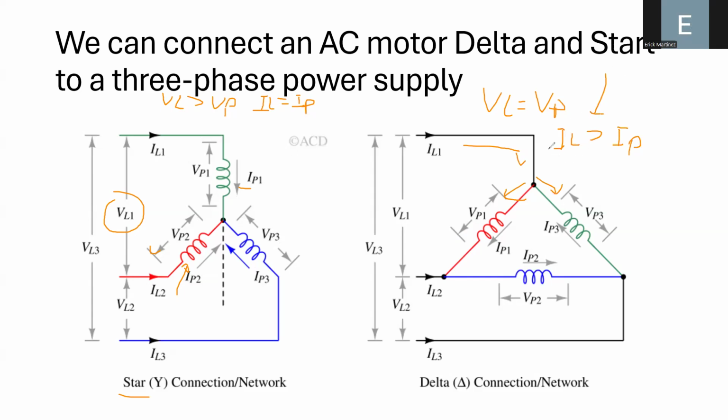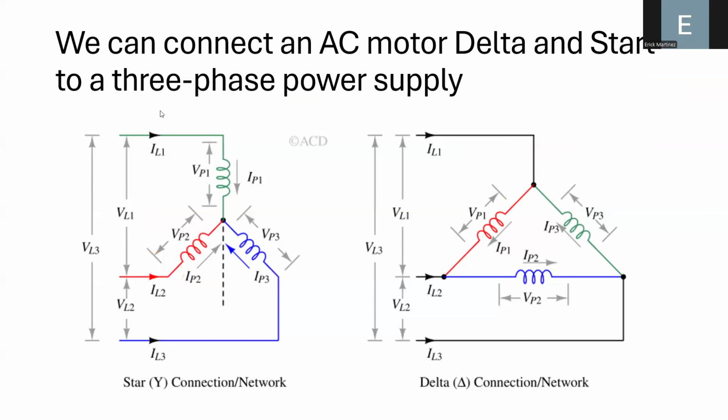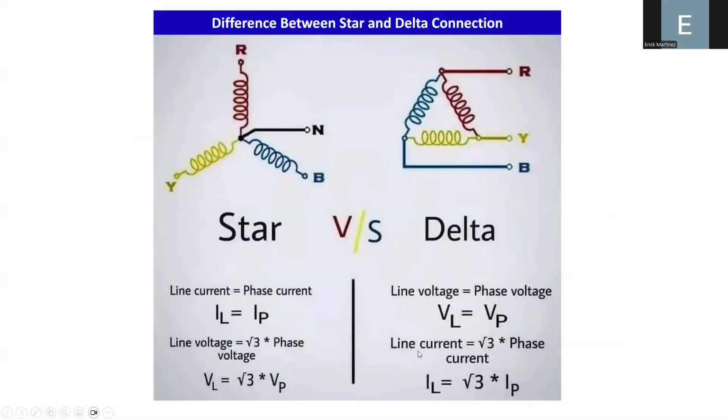And we can also conclude that since the delta connection requires a higher current, because the line current is higher, the delta connection provides a higher torque. So those are the main differences between them, and these differences are summarized in this diagram.